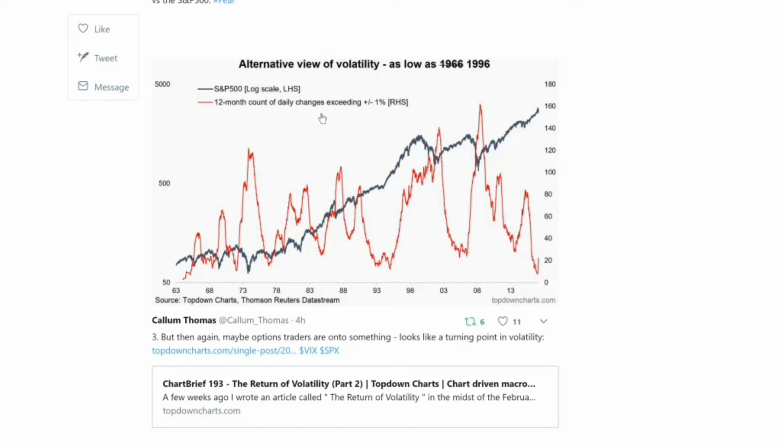So if day one was plus 1.2% and day two was minus 1%, that's two days that are going to be added to this count. And you can see there that we've gone from a 50-year low back in January to now as low as 96. So it's definitely what you would call a turning point.